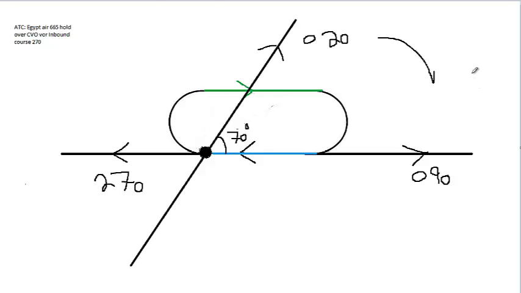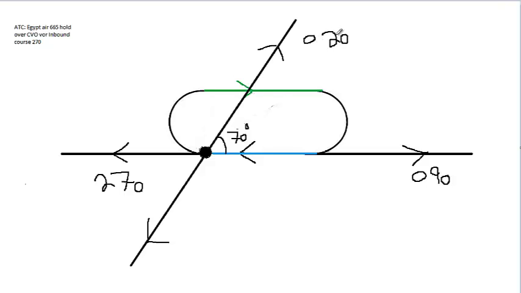So now we just need to figure out one more heading, which is this one. This number here is going to be the reciprocal of the 020. So 20 plus 180 or minus 180, whatever the number gets. The result must be within 0 to 360 degrees.